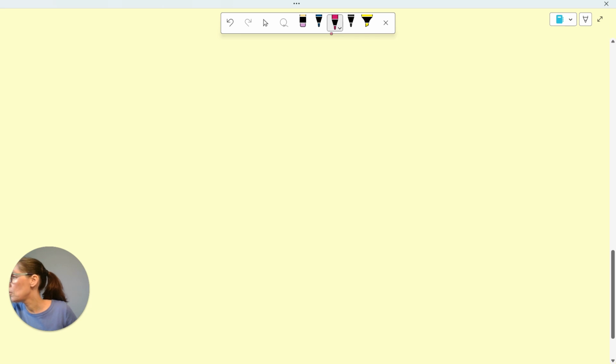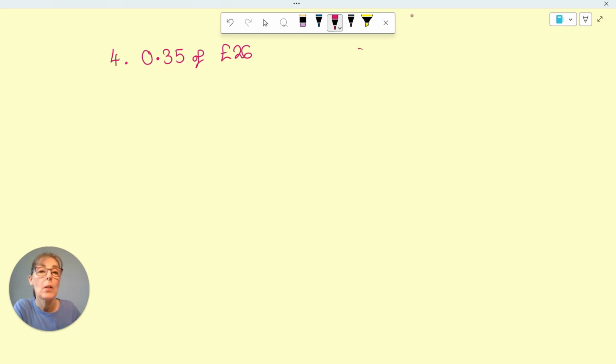We are on number 4. 0.35 of £26. Okay. What I'm going to do is turn this into a percentage. 0.35 is the same as saying 35 hundredths.